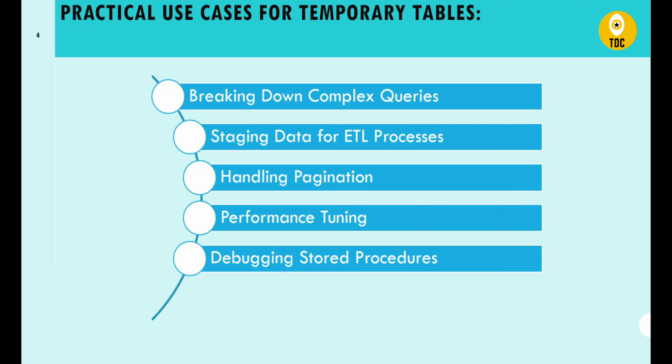And also debugging a stored procedure. This is a key aspect when you're using stored procedures. A stored procedure can grow from simple to very complex, right? Because stored procedures are a series of steps or queries that you are writing, and temporary tables allow you to debug them by storing the intermediate results, because stored procedures are not straightforward to debug.